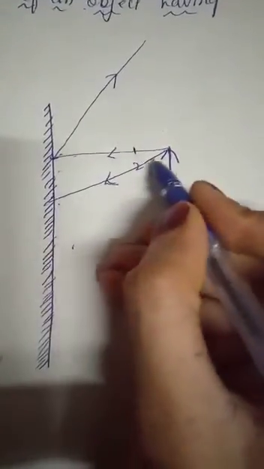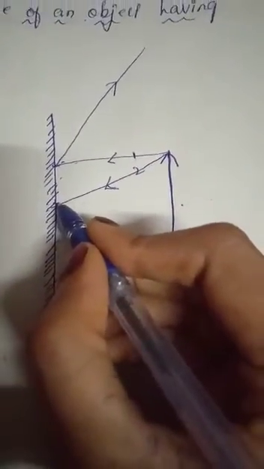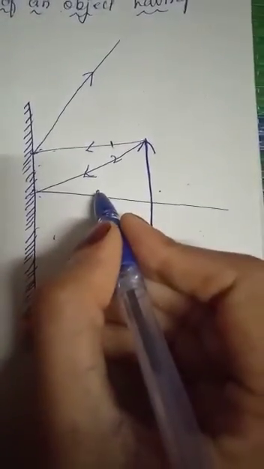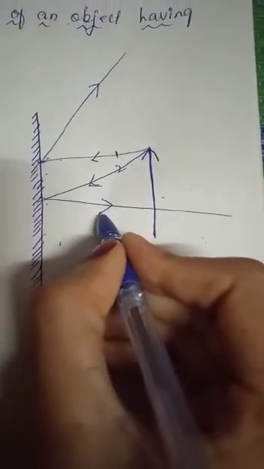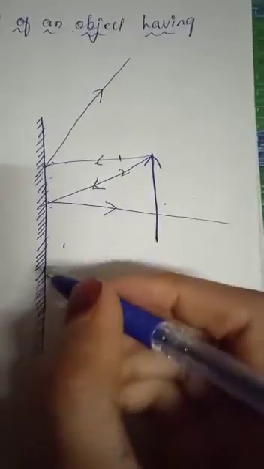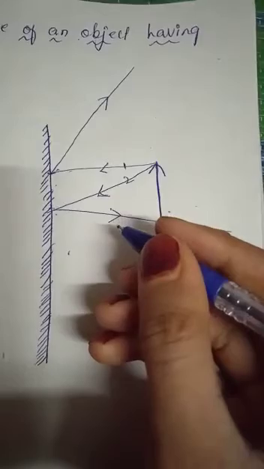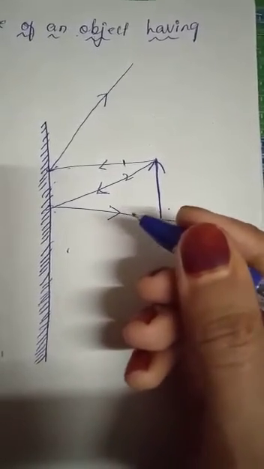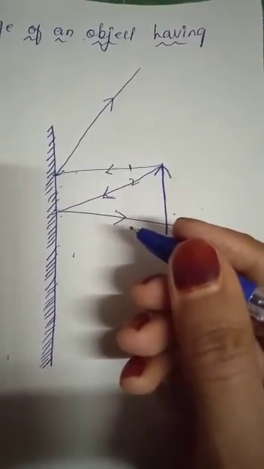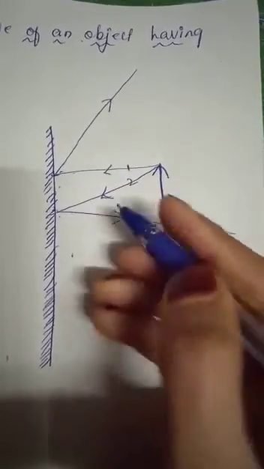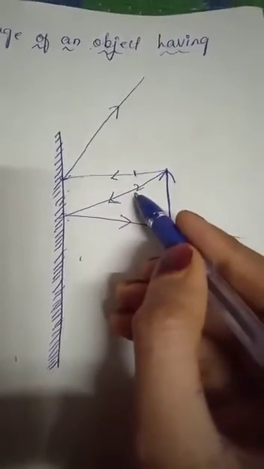For this ray also we have to draw a normal, like this. For the rays from the top and the bottom of this object, we have to take two ray diagrams each. Here the first two are finished.